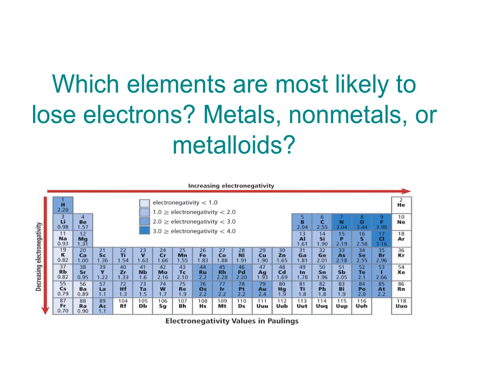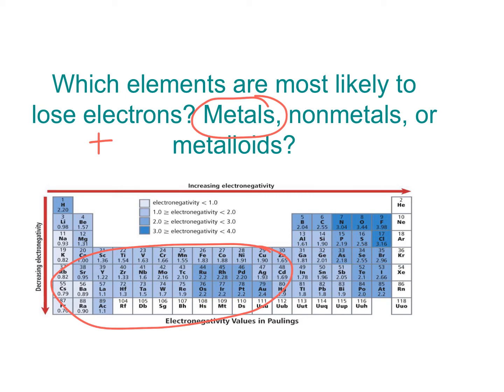Now take a second, write down in your notes, what do you think are most likely to lose electrons? Metals, nonmetals, or metalloids? So if we're losing electrons, we are becoming more positive. Go ahead and write down your guess. Our answer is actually metals, because our metals are all over here, and these are our lowest electronegativity.